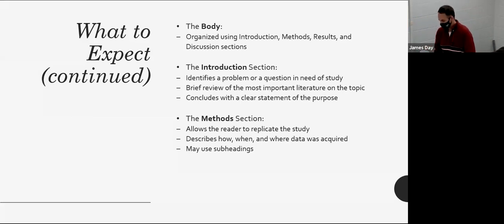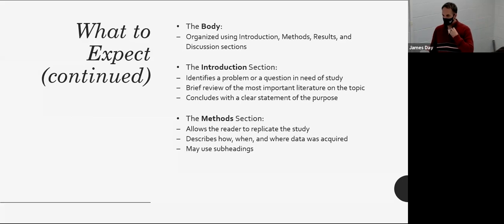Methods is usually the second to last section that people want to read. The worst section is the results, right? Anybody ever try to read those results sections? They're a pain. And I would agree.